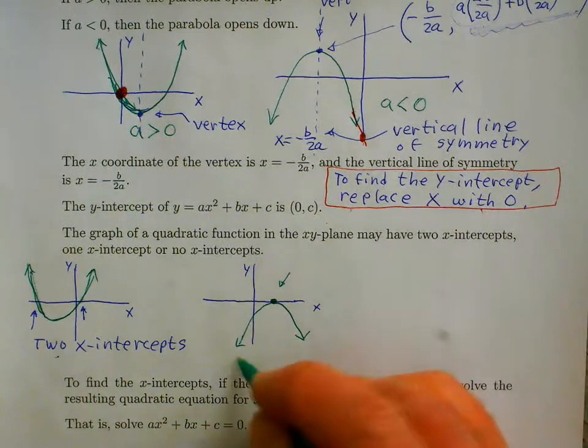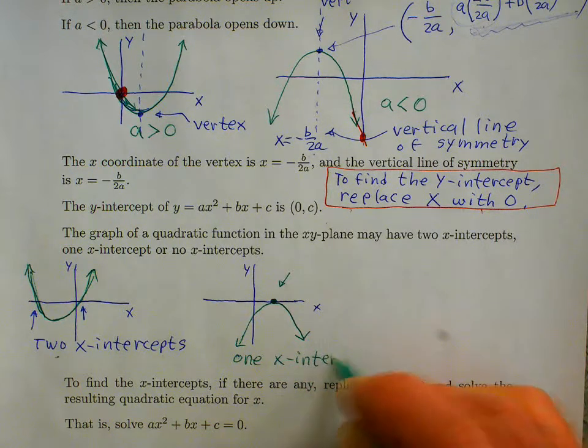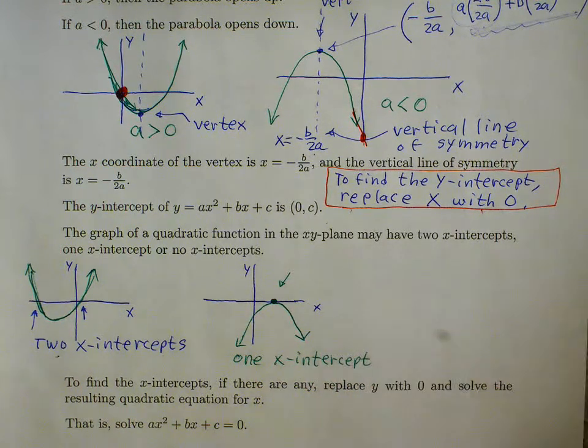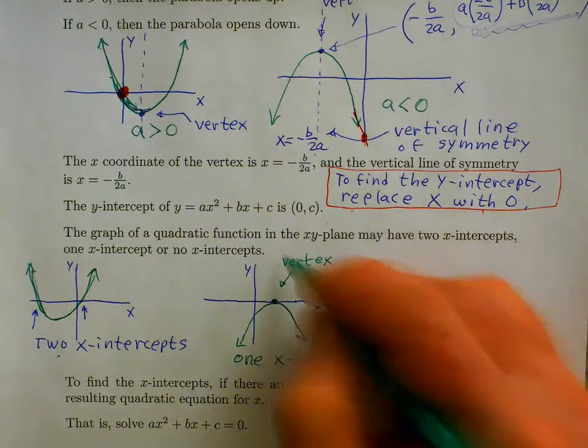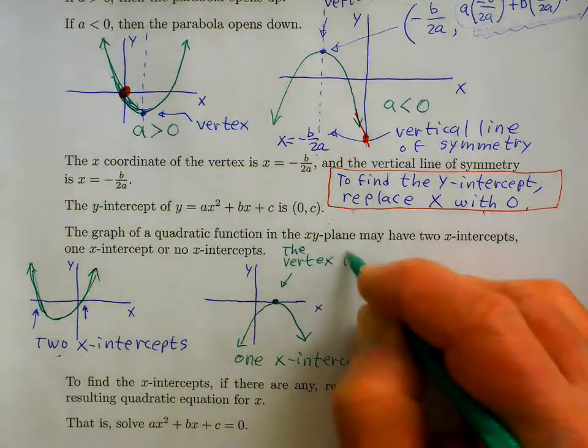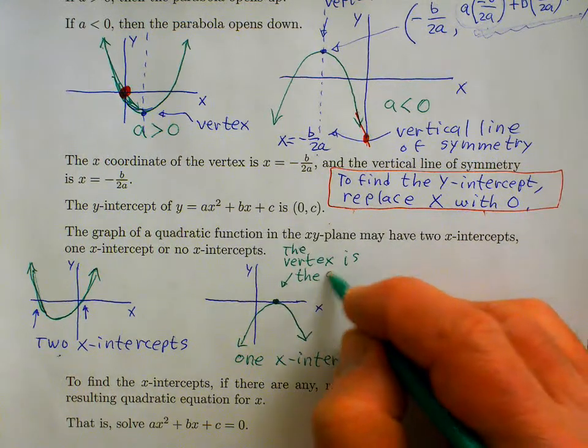So the vertex is the only x-intercept in this picture.